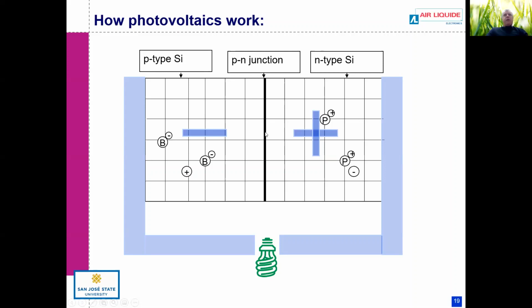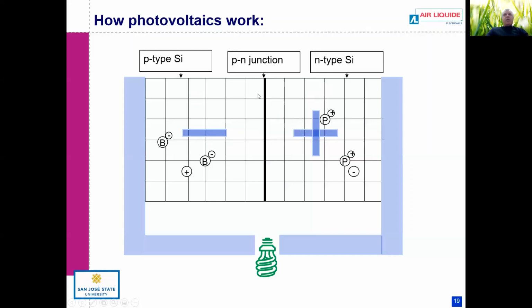It's an entropy-driven process, mainly, but it leaves a negative charge on the p-type silicon and a positive charge on the n-type silicon, right? Because the n-type silicon lost an electron, the p-type silicon gained an electron.